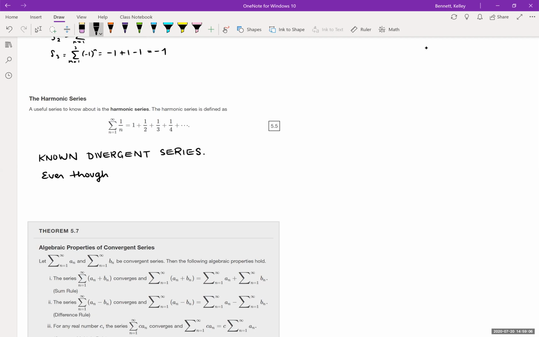Even though 1 over n goes to 0 as n goes to infinity, it doesn't go to 0 fast enough for the series to converge.